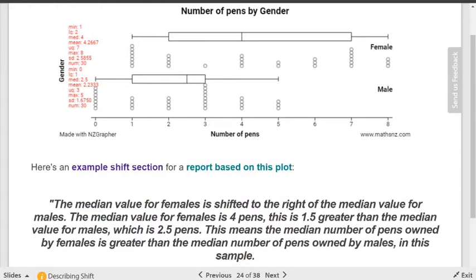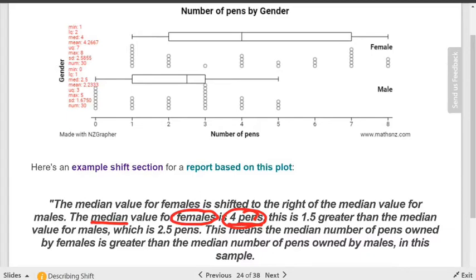Then the second sentence. This is where we're doing the numbers, the proof. The median value for females is 4 pens, not 4. That doesn't tell me anything. For what? In this case, 4 pens. So again, the word median there, and for whom, and what it is, with its number.